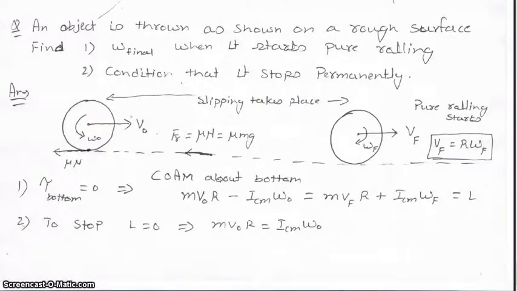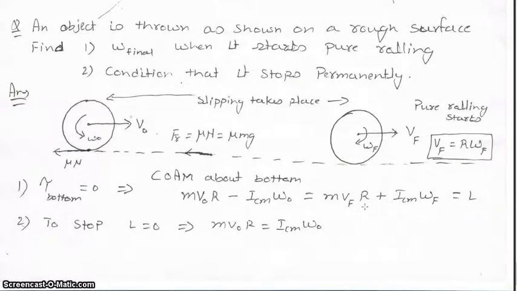So we can conserve angular momentum about the bottom, as the torque due to all these forces about that point will be 0. So we can write initial angular momentum equal to final angular momentum when pure rolling starts, or we can also take any in-between moment as well as the final moment, because the friction will stop acting when it starts pure rolling.